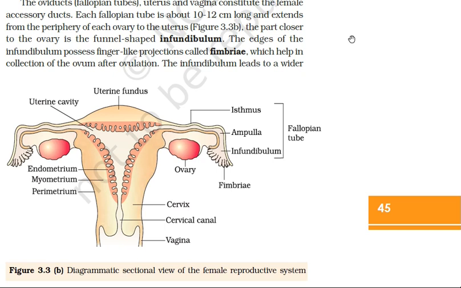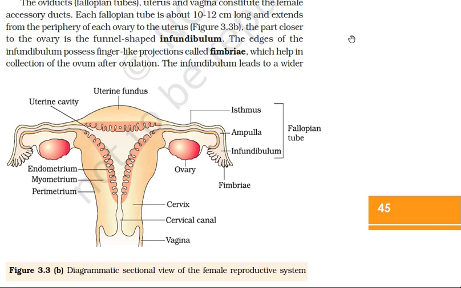If sperms are present, fertilization takes place in the upper part of the fallopian tube, termed the ampulla. Thus, the function of the ovary is to produce the egg, and the function of the fallopian tube is to undergo the process of fertilization.